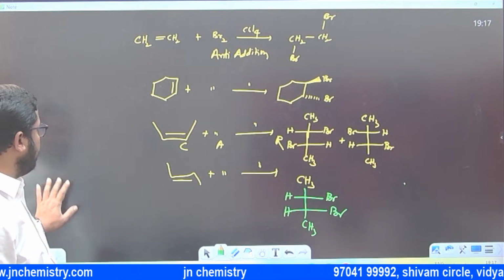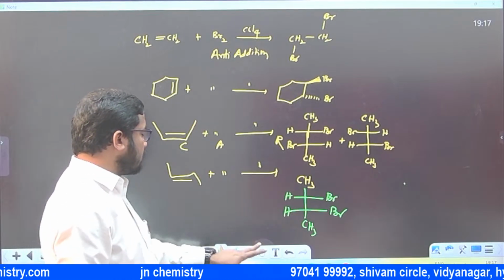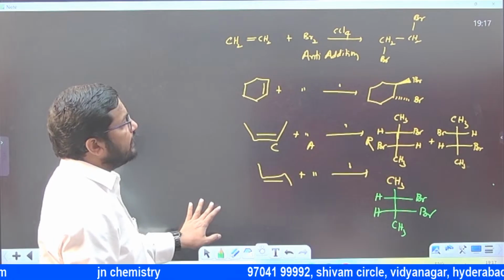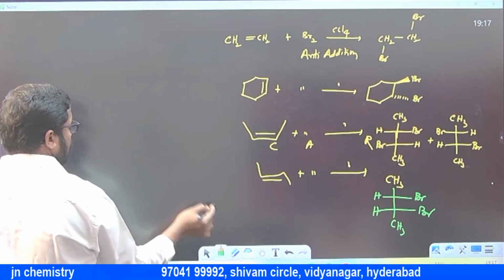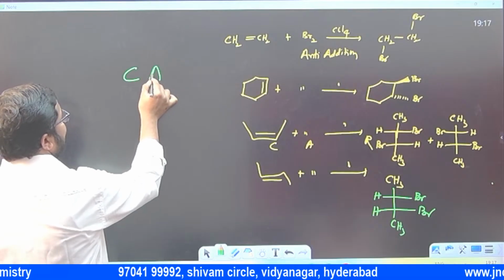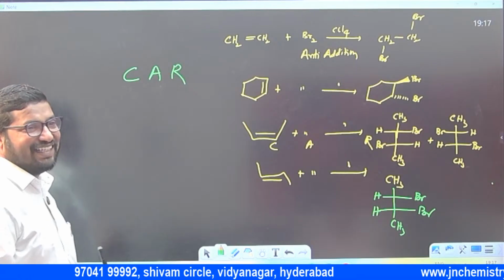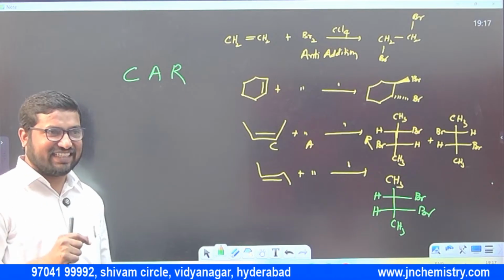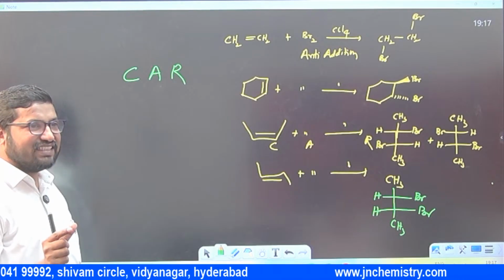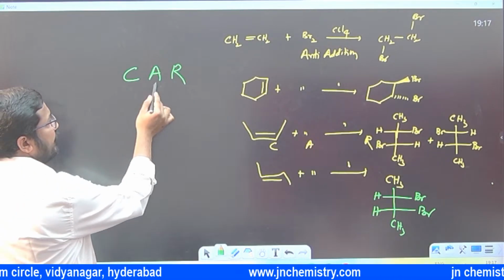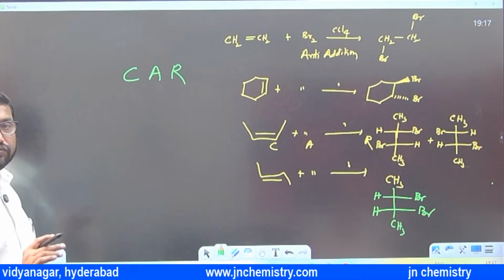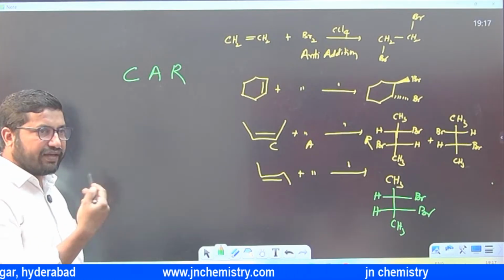The only one thing you need to understand is car. Once we know the car, remaining everything is easy. Car means TSR. Car means cis anti-addition racemic mixture. Once we know the car, the remaining we can derive.